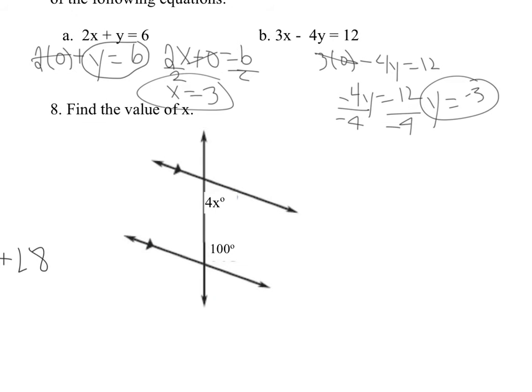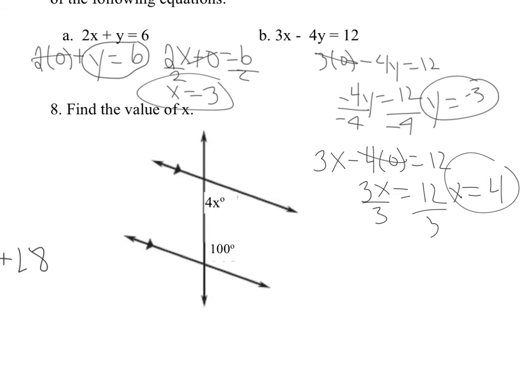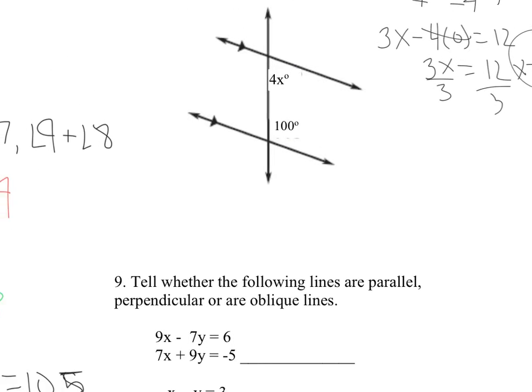All right, and then to finish this off, do the same thing for the y. That cancels. 3x equals 12, divided by 3. The x-intercept is 4. That's all you got to do. Not really that difficult of a thing to work through.